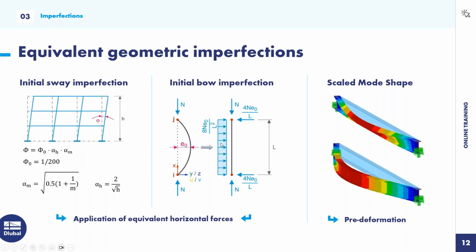So then, equivalent geometric imperfections. Imperfections are also closely related to this topic. Here we have the imperfections in Eurocode 3, where these are generally grouped together as equivalent geometric imperfections.